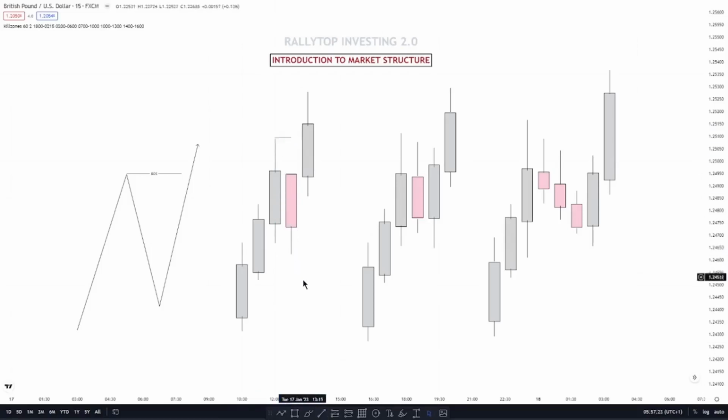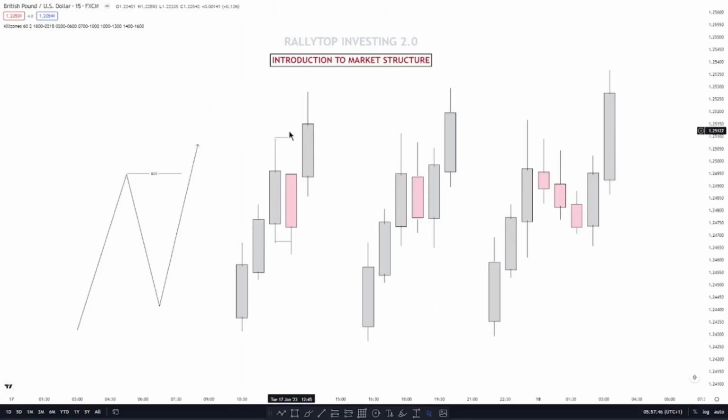Now, how do you know a valid pullback using candle by candle? Now the high is protected. Where is the low of this candle that printed this high? Look at the low here. This is the low of that candle. As you can see, the high is protected.